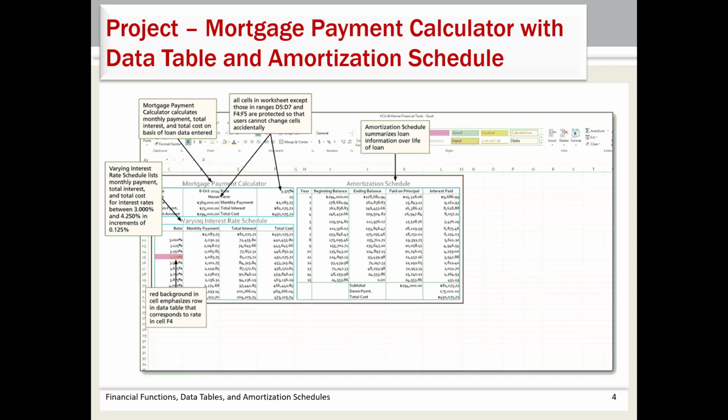The credit union's chief financial officer has asked for a workbook for customers and loan officers that calculates mortgage payment information, and it will also display an amortization schedule and display a table that show a mortgage payment for varying interest rates. To ensure that customers and loan officers do not delete the formulas in the worksheet, she also asked that cells in the worksheet be protected so that they cannot be changed accidentally.